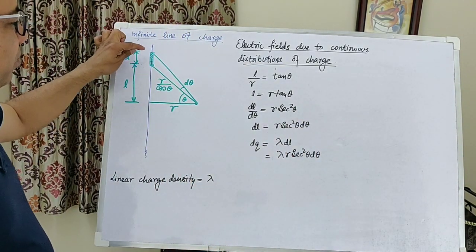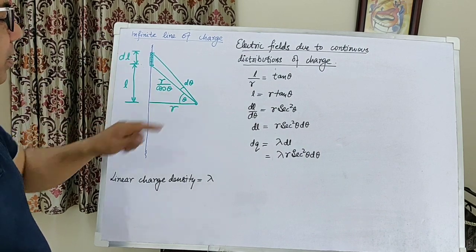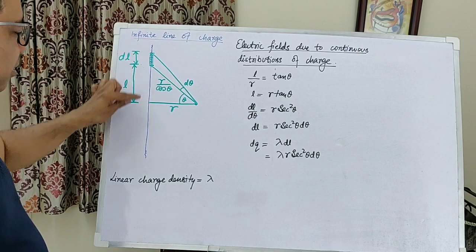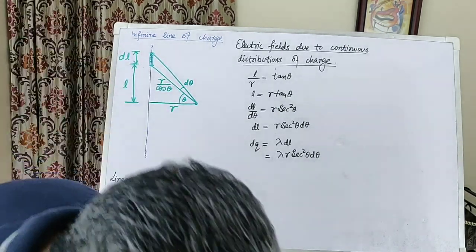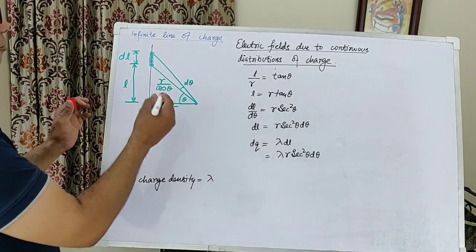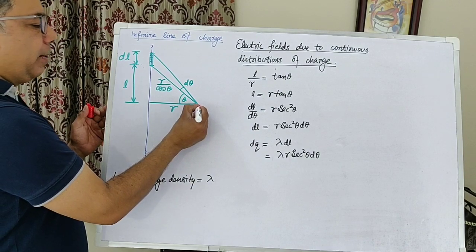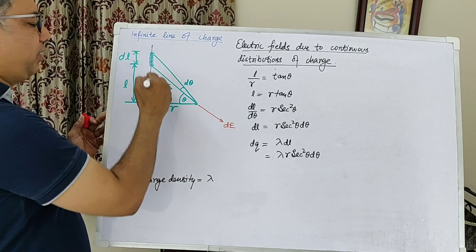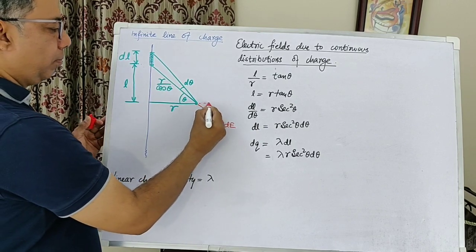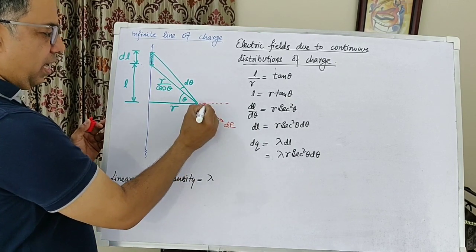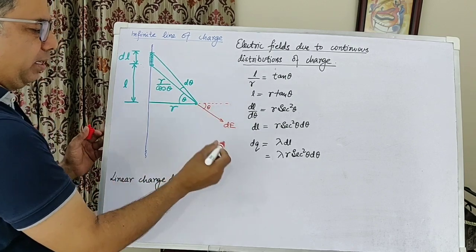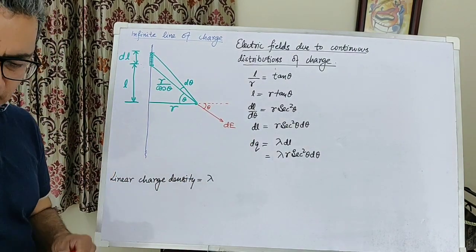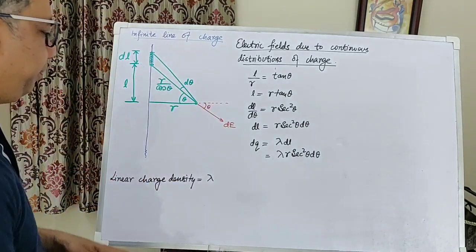Now the field due to this dq at this point, again I am assuming the charge here to be positive, can easily be calculated. We know dq, we know its distance.